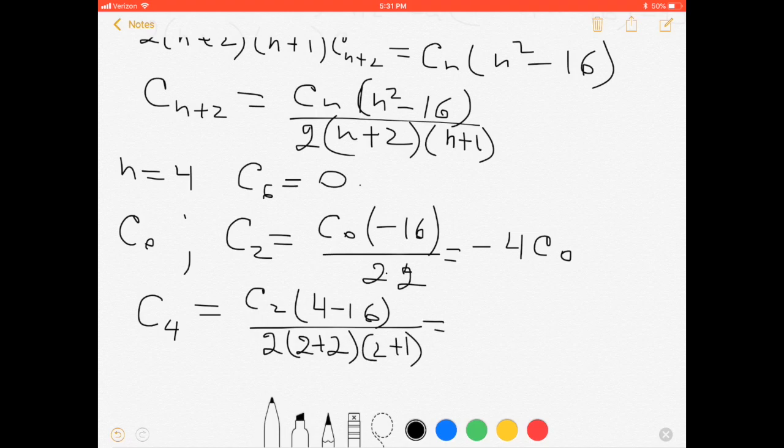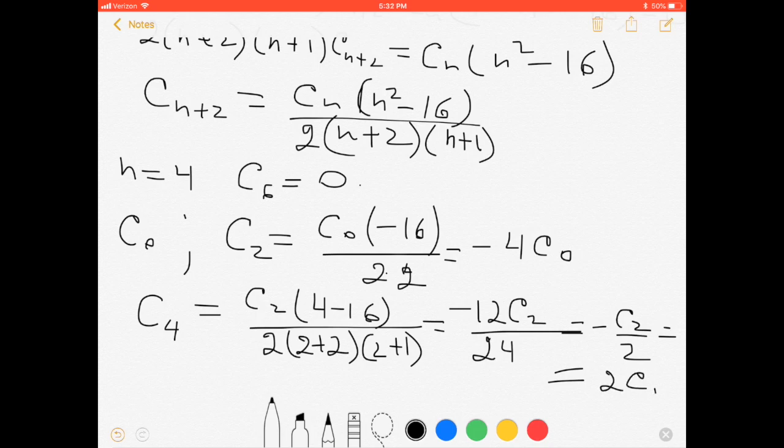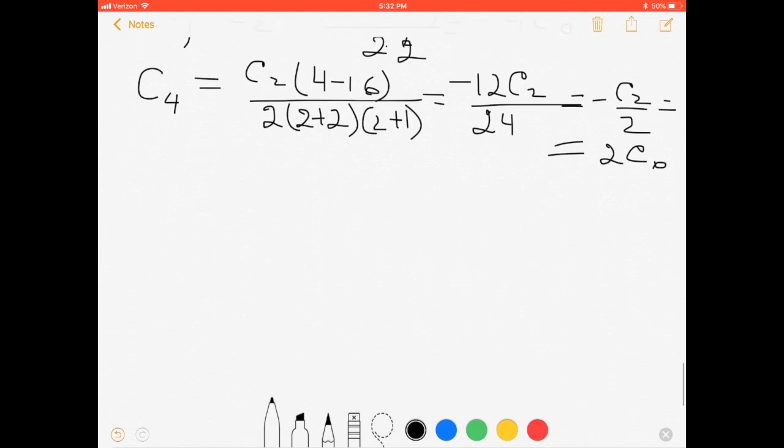And what we have here is minus 12 C2 divided by 4 times 3, which is 12, and 2, 24. This means negative C2 over 2. But what is C2? It is negative 4 C0. This means minus minus gives us plus. This means twice C0.